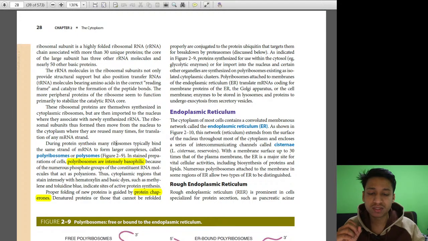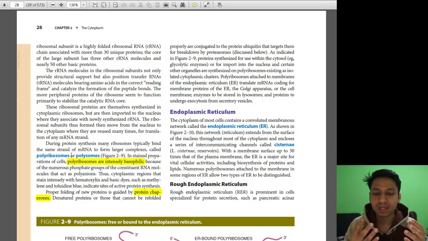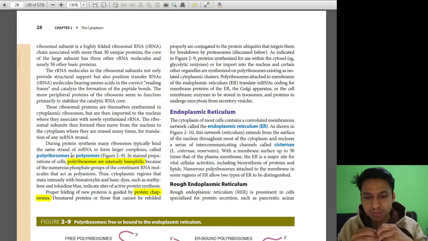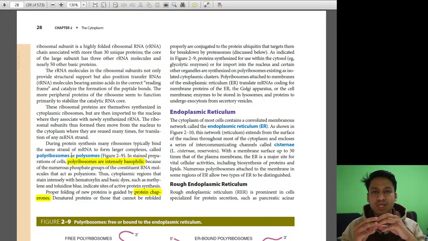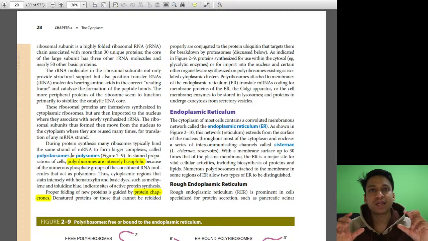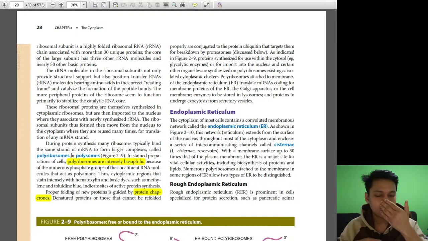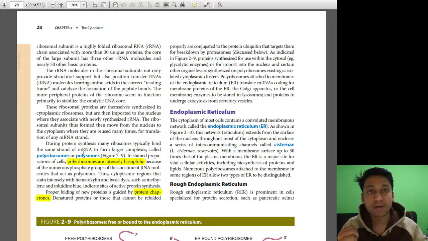During protein synthesis, many ribosomes typically bind the same strand of mRNA to form large complexes called polyribosomes. So always remember, when we have the word poly, it means many. Polysomes are just multiple ribosomes that attach to the same single mRNA to produce the protein, the polypeptide chain.